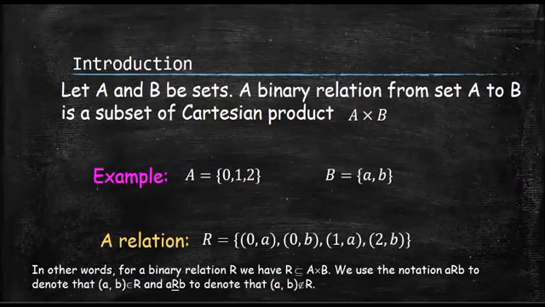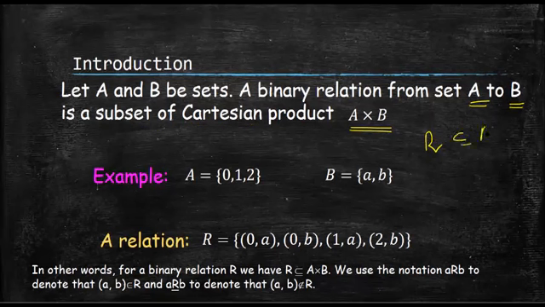So for that reason, we call it a binary relation. A binary relation from set A to set B is a subset of the Cartesian product A cross B. That is, it is denoted as R is a subset of A cross B.